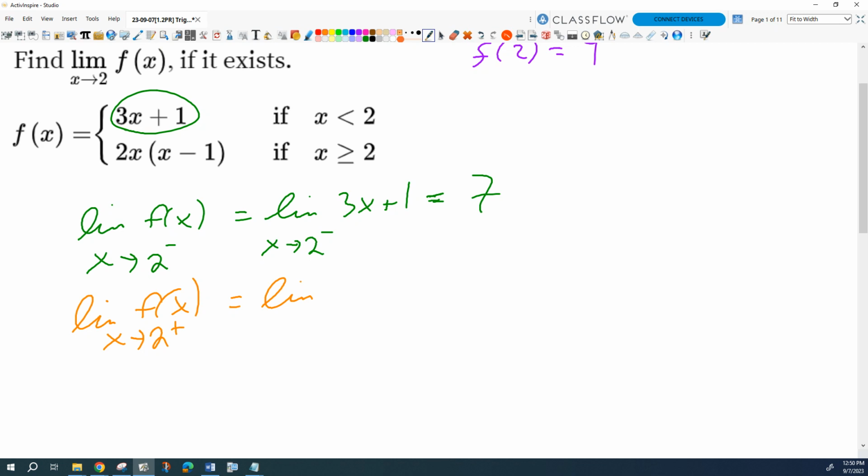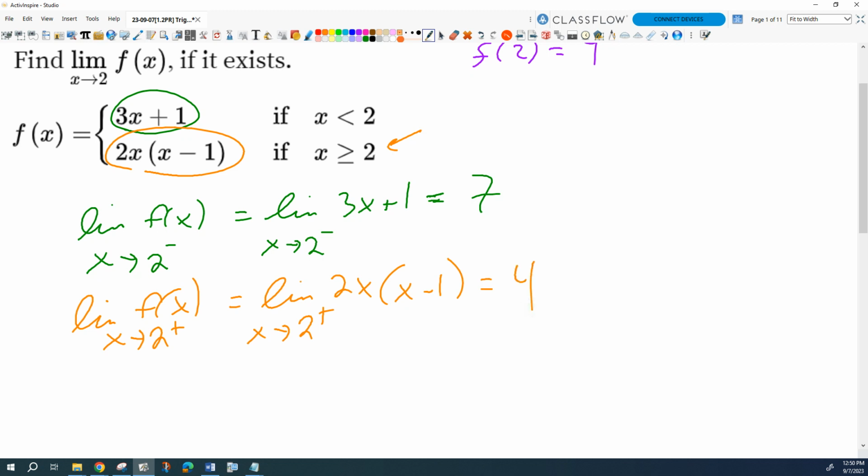When x is approaching 2 from the right, that puts us in that domain. And so that's the function the ant is walking on, right? So we're taking the limit of 2x times the quantity x minus 1 as x approaches 2 from the right. And by direct substitution, what do we get? 4, right? 2 times the quantity 2 minus 1, which is 4.